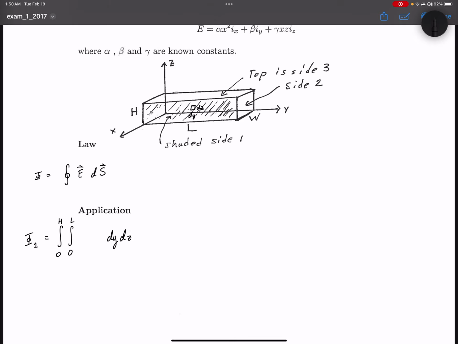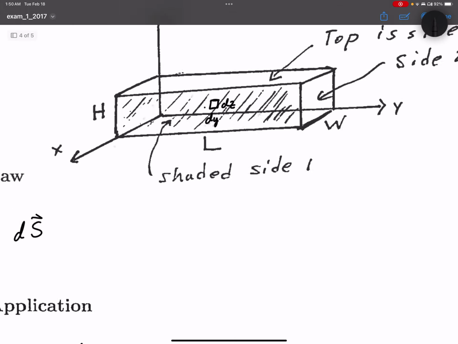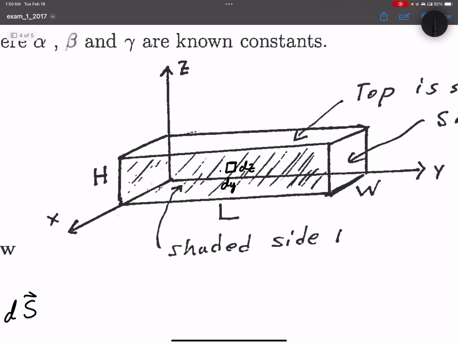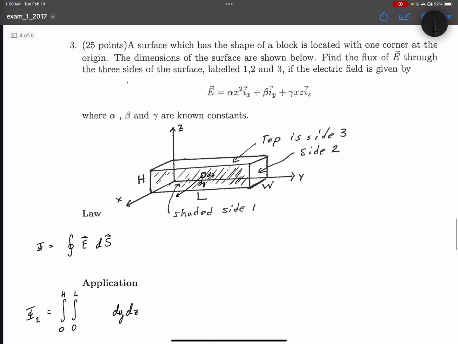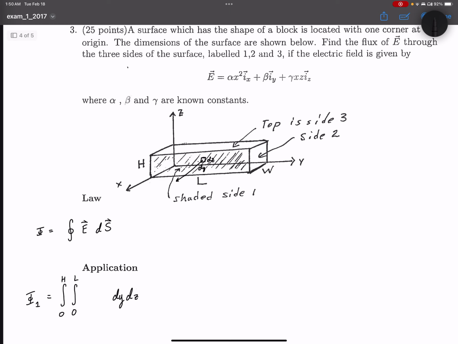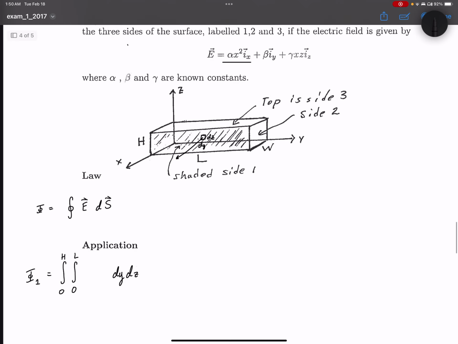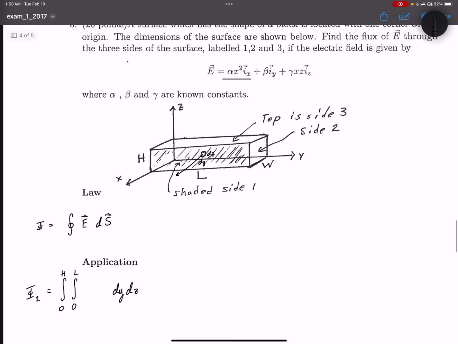Now, another thing to remember with these questions is the perpendicular. If you were to draw an arrow coming straight out of this side of the box, it would be going in the same direction as x. So what we want to integrate is the only component of the field that has ix, because that's the only part that interacts with this side anyway.